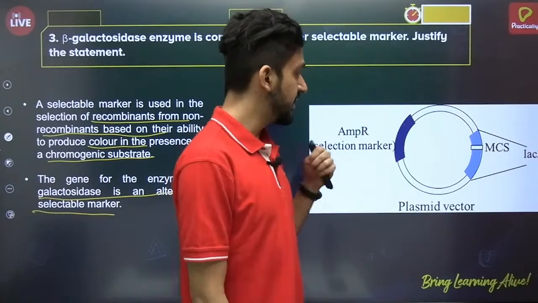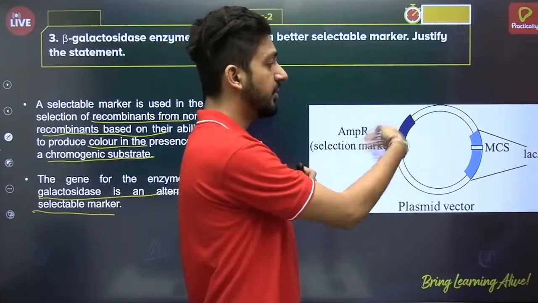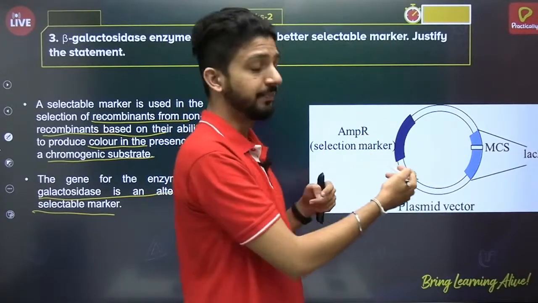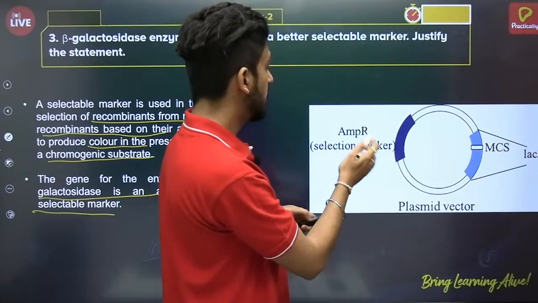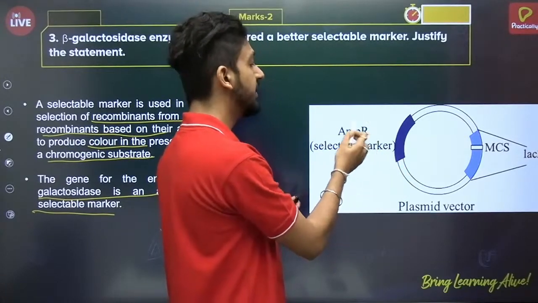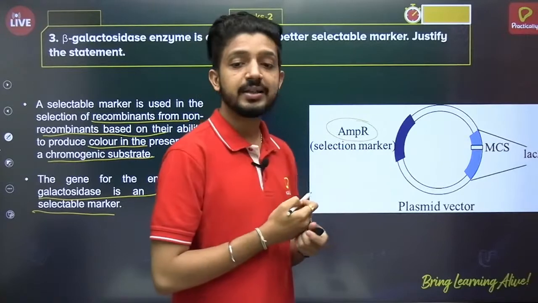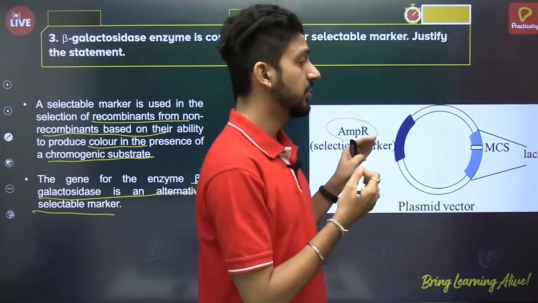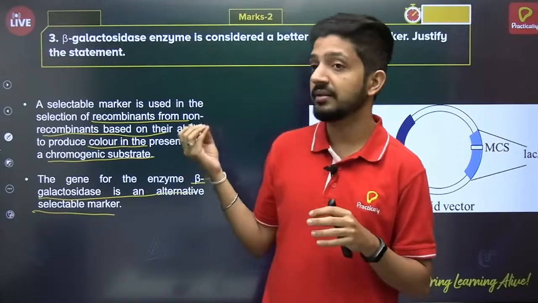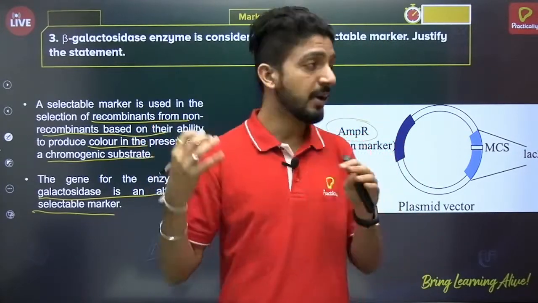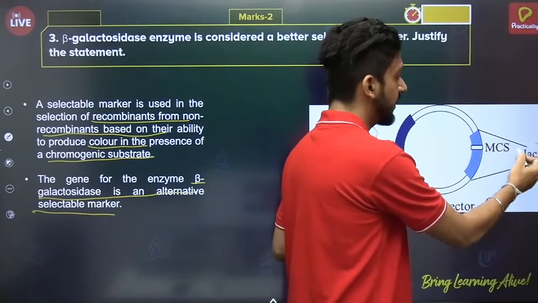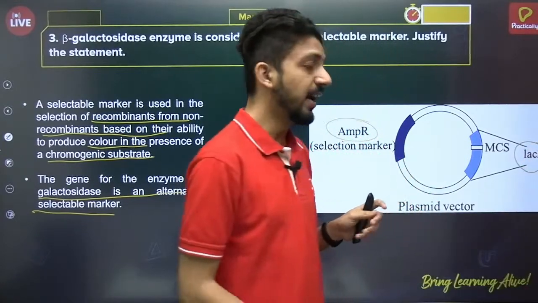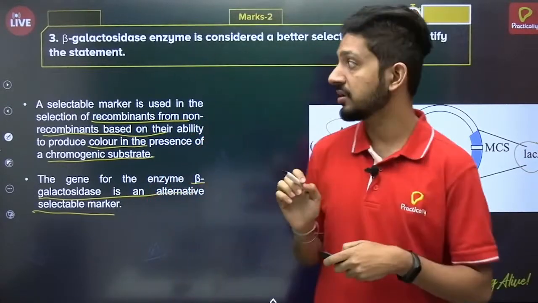So as you can see in this diagrammatic representation of a vector, the traditional way we have the resistant gene, for example, here it is the ampicillin resistant gene, and we also have the beta galactosidase enzyme gene marker, where this is the lacZ region where we have this marker, and that will produce a chromogenic substrate.